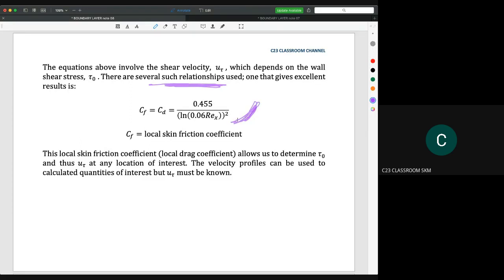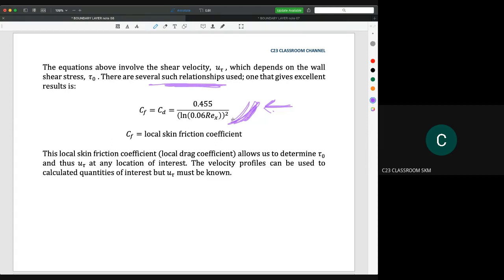So it is okay for you just to remember that if the question asks you to solve a problem of turbulent boundary layer by using the numerical or the empirical form, please take the value of CD equal to this one. Okay, CD is equal to 0.455 over ln in bracket 0.06 Reynolds number x, squared.